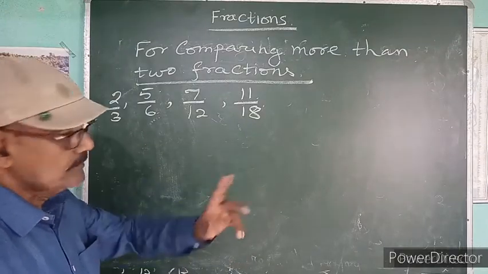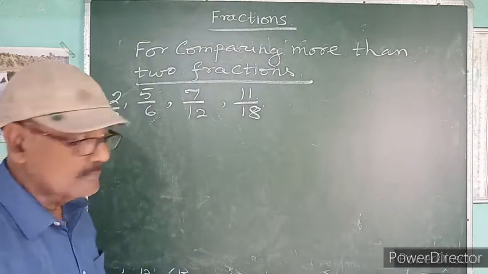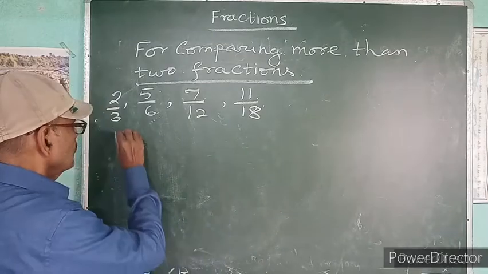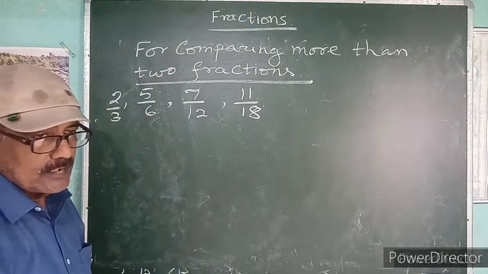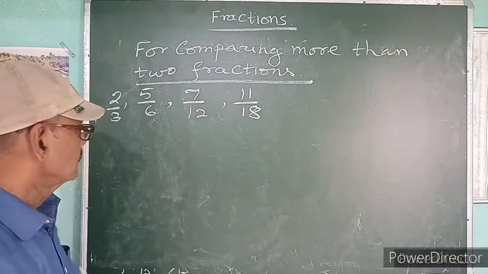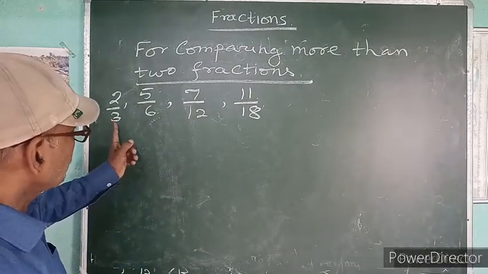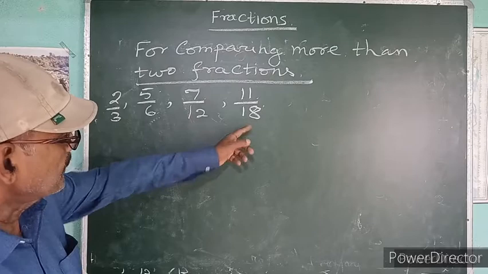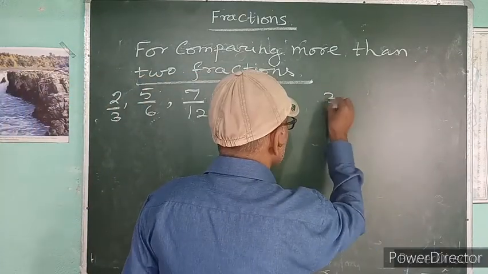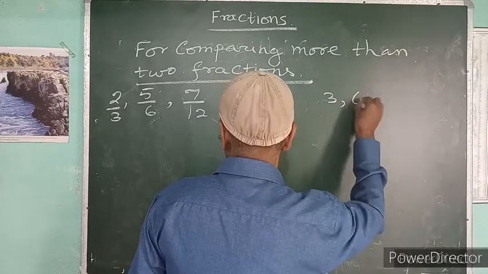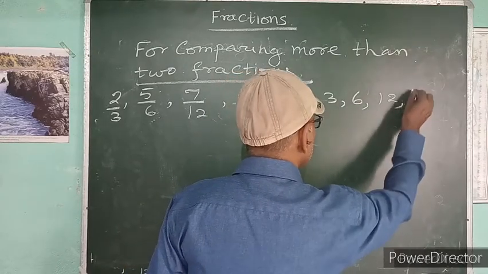Here we will follow only one method, that is convert them into like fractions. Take the LCM of the denominators 3, 6, 12 and 18.